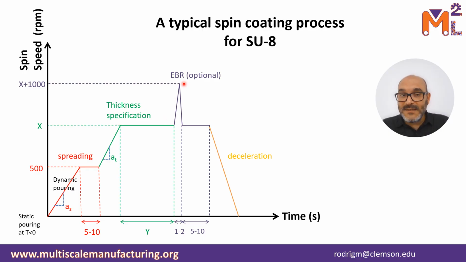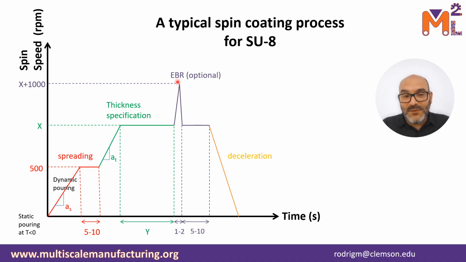And in some cases, if you want to eliminate the EBR, one easier way to do it is to do a burst, where you use the x speed that you were spinning at plus 1000 RPM to do a short burst and try to kick that excess material from the edge and eliminate the edge bead.